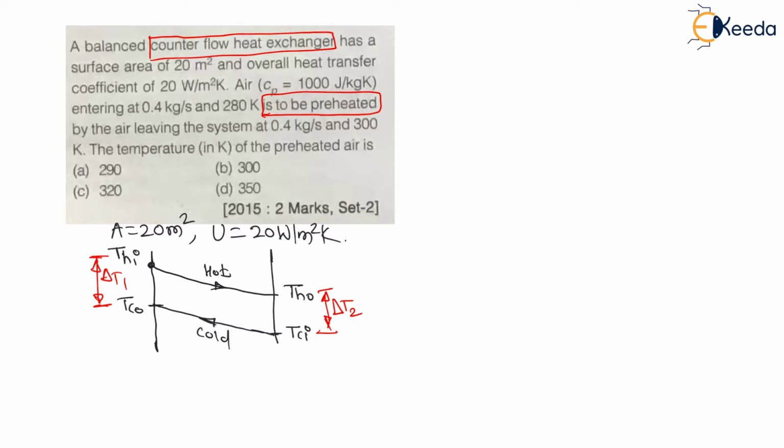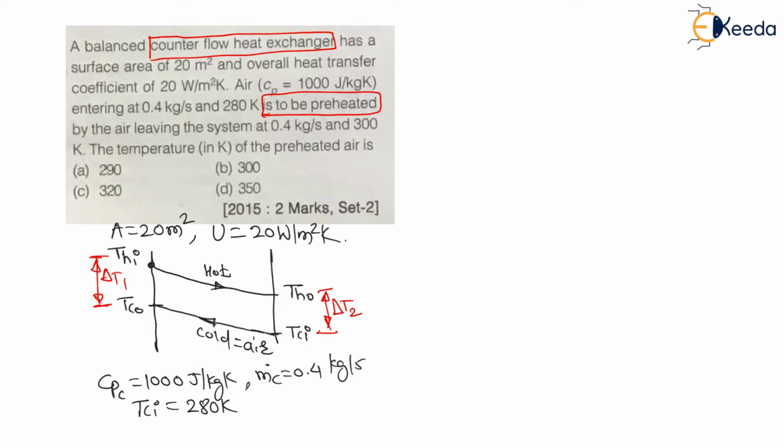Therefore air is the cold fluid, and the Cp of the cold fluid is 1000 joule per kg Kelvin. The mass flow rate of the cold fluid is 0.4 kg per second, and the entry temperature of the cold fluid is 280 Kelvin, so TCI is 280 Kelvin.